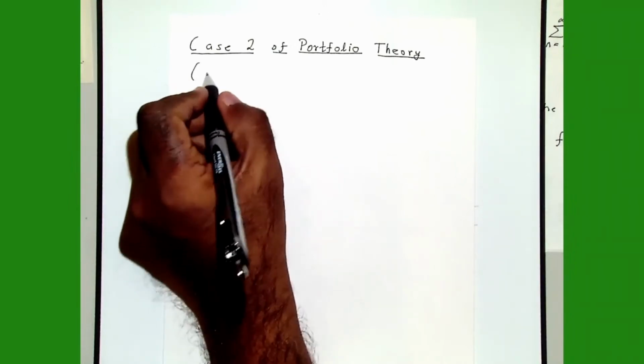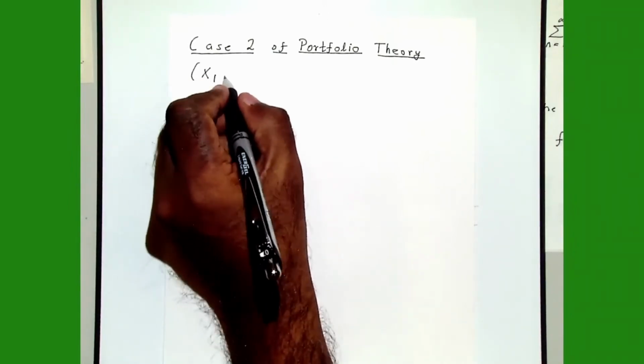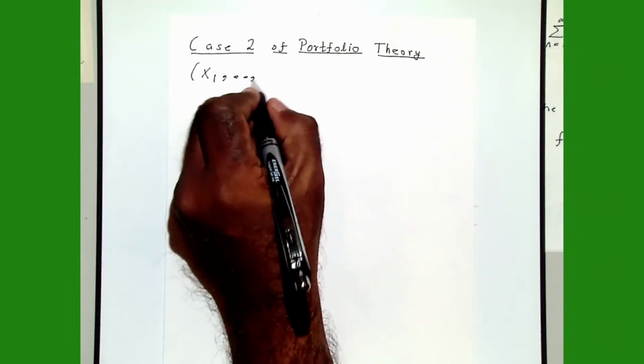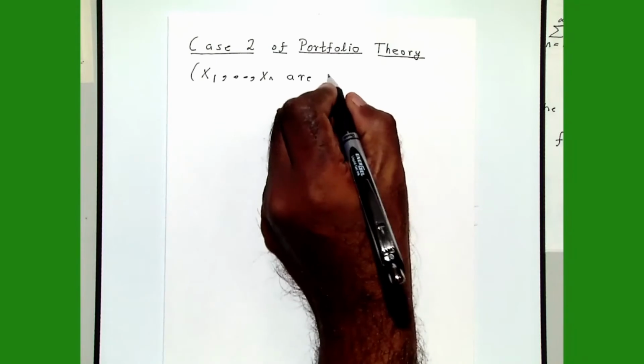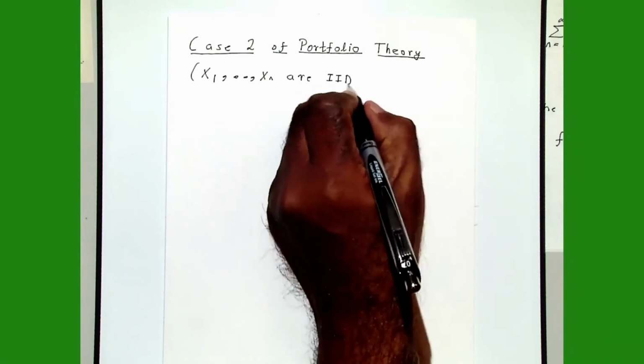Case 2 was where the losses are IID, right?